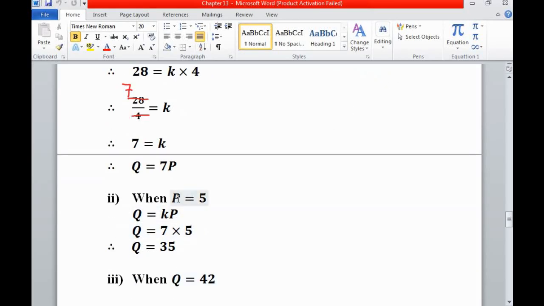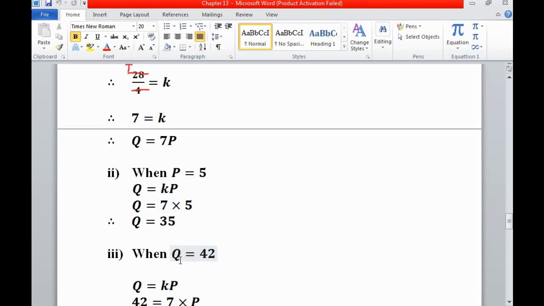By substituting these values, Q equals K, which we calculated as 7, multiplied by P, which is given in the question as 5. So by taking the product of 7 and 5, their product is 7 times 5, 35, which is the required value of Q when P equals 5.